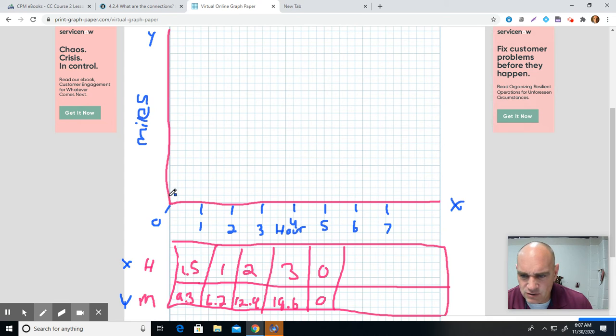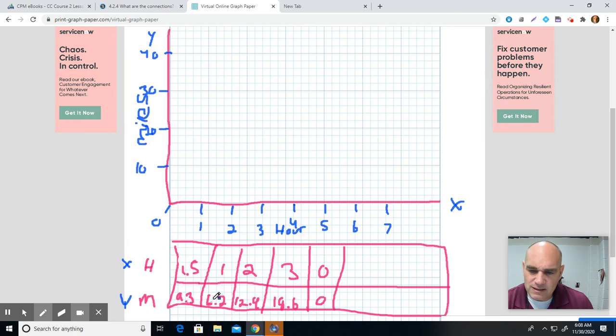That makes this 2, 4, 6, so this will be 10. 12, 14, 16, 18 makes this 20. Makes this here 30. It makes this line here 40. So every line is worth 2 on my y-axis.